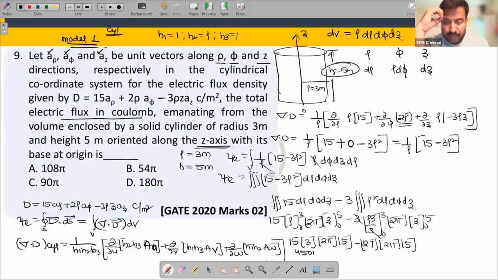This is 450 pi minus 270 pi. This should be 180 pi.